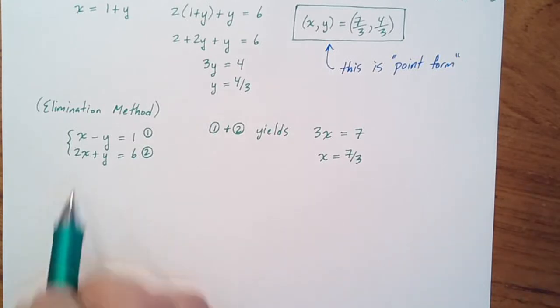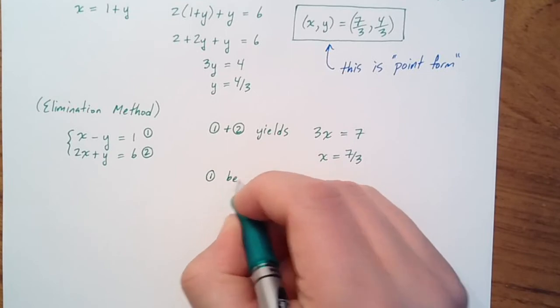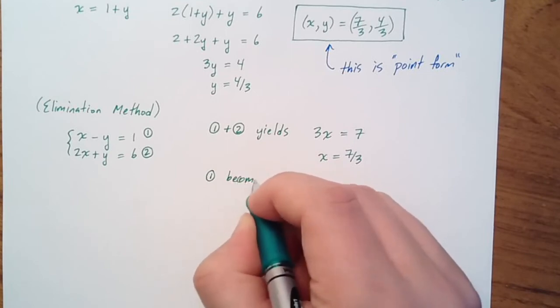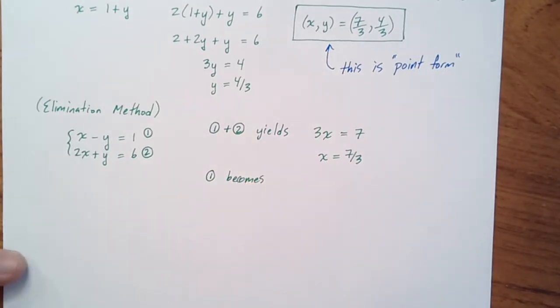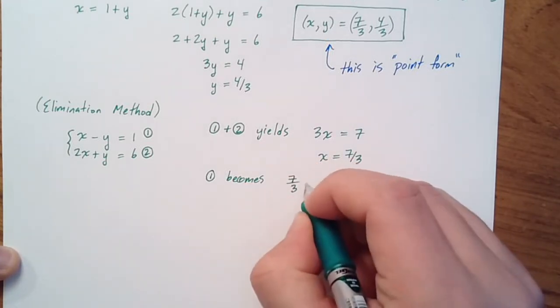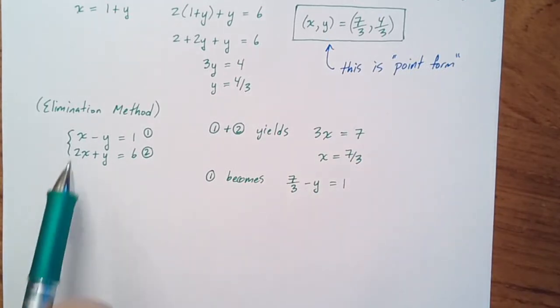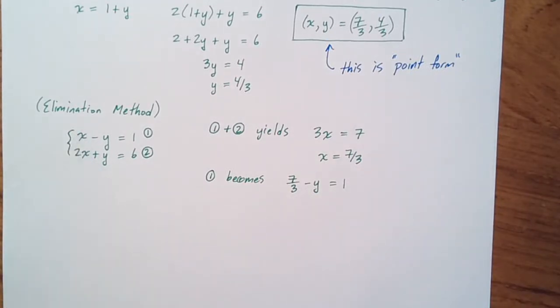So for example, I could take equation 1 and say 1 becomes, well, it would be 7/3 minus y is equal to 1, right? If I plug in x equals 7/3 for x, then I'm going to have this equation, and I can solve it for y.